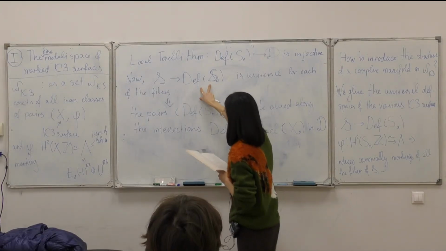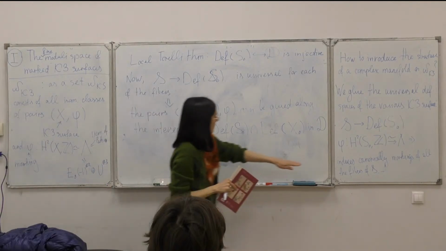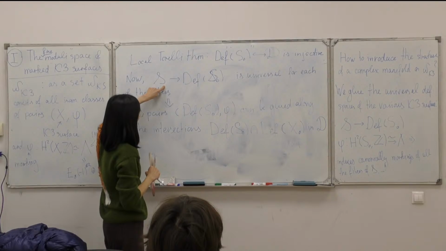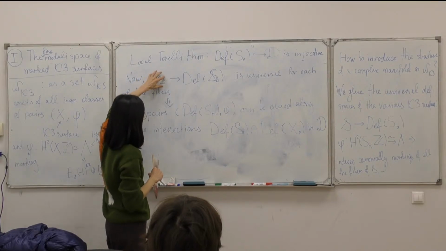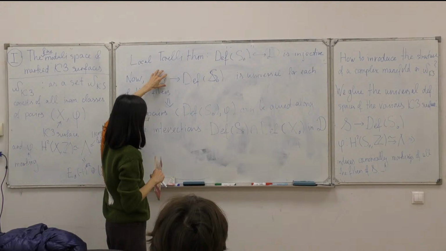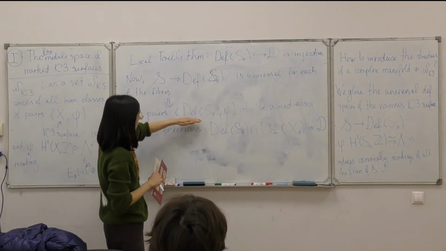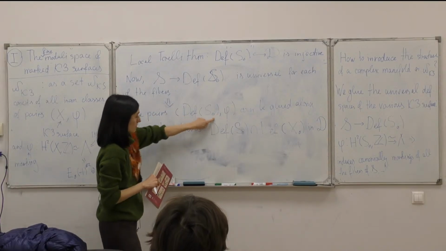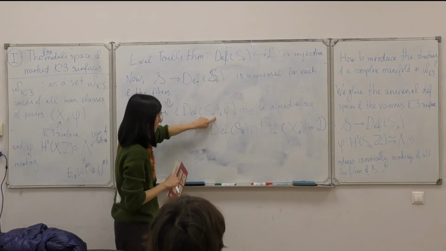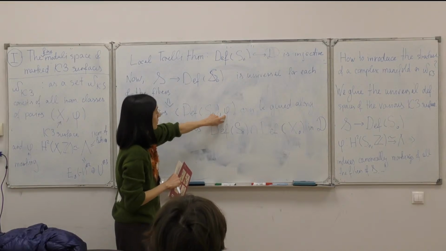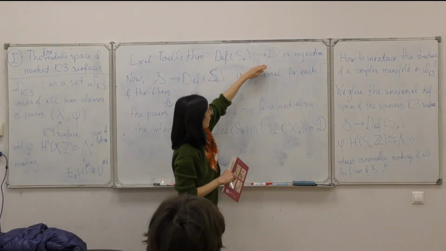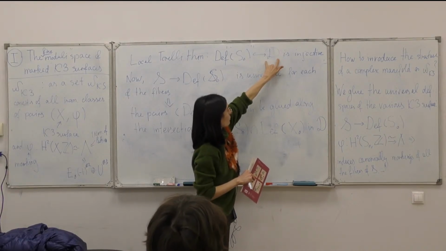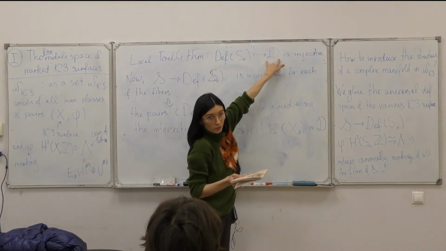Using these markings, and using that all fibers of this deformation induce universal deformations for all the fibers, we can glue different deformation spaces for different K3 surfaces with marking into some smooth subvariety in D. Is this clear?